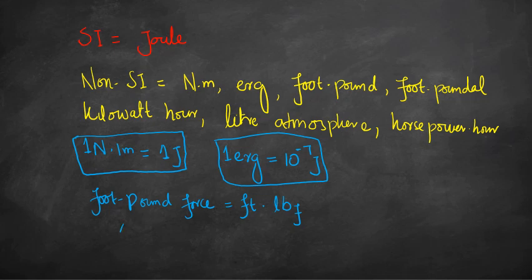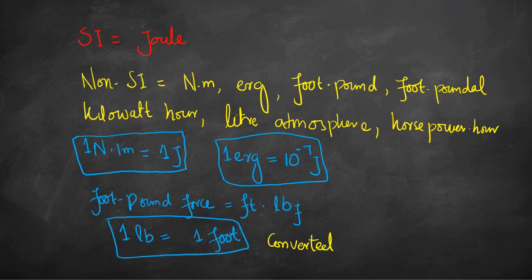If we apply 1 pound of force which results in a linear displacement of 1 foot, then the work done will be 1 foot pound force. This can be further converted into the standard joule.